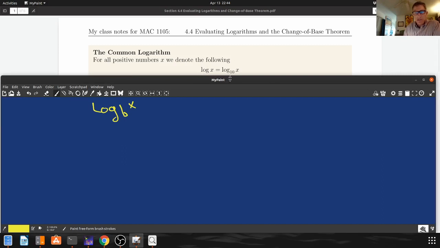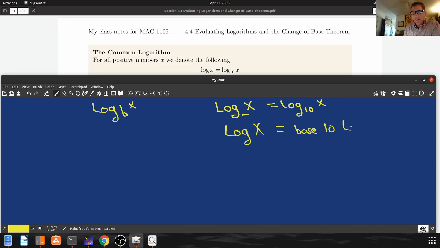But now we're looking at log with no base written. When the base is left blank, we assume that the base is base 10. So basically, log of x is the same as the base 10 log.